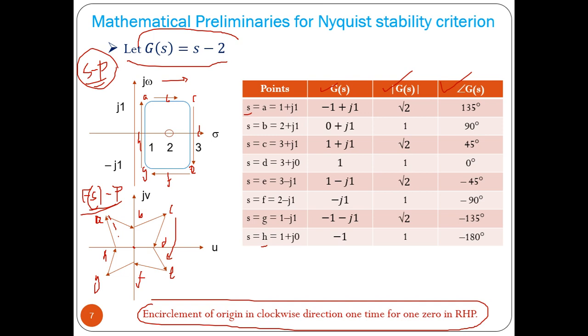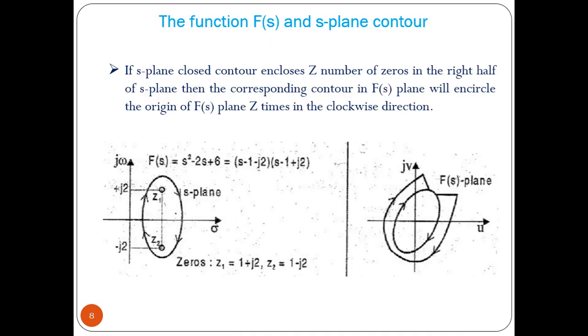If it is a 0, the encirclement of the origin is in the clockwise direction for one 0 in the right half plane.